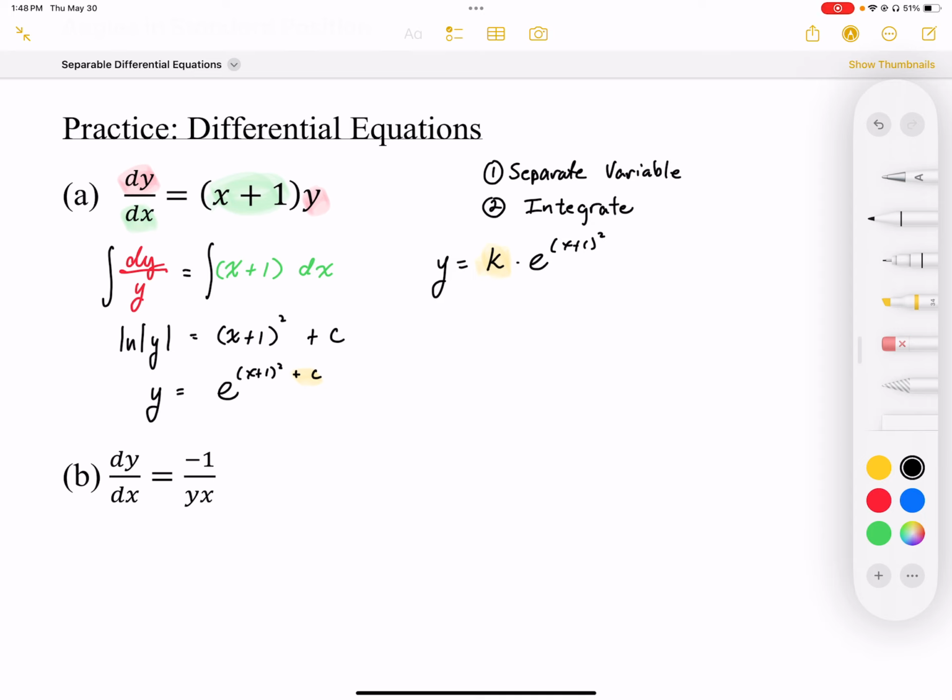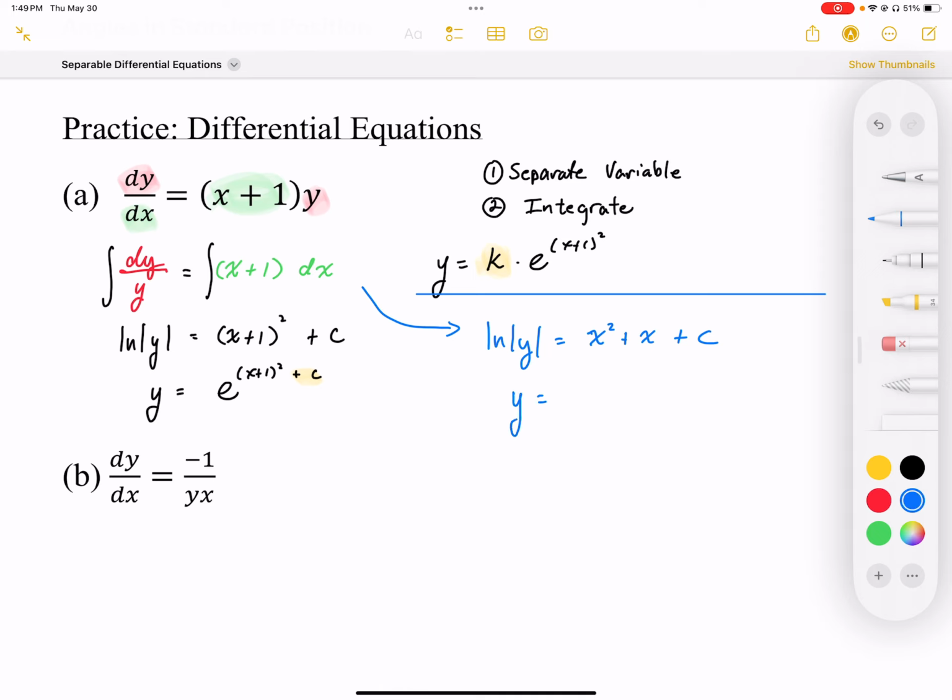Now, if we had done that, I'm going to show a slightly alternate solution here. So I'm just going to show this as an alternate solution. As if we had solved this, we get log y is equal to x squared plus x plus c. Okay, this is going to look slightly different, but it is the same solution.